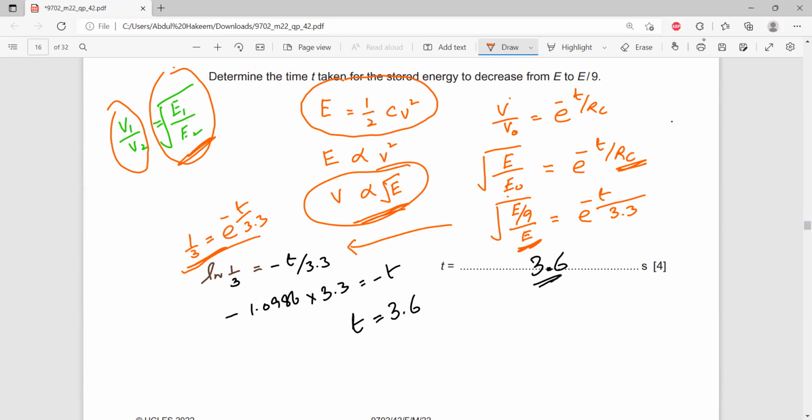By taking the ln of both sides, ln of 1/3 is minus 1.0986. Multiply with 3.3, the minus cancels, so the time comes out approximately 3.6 seconds.